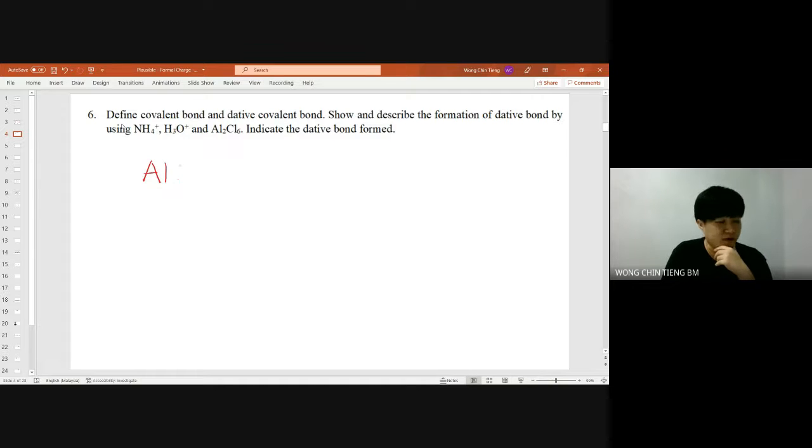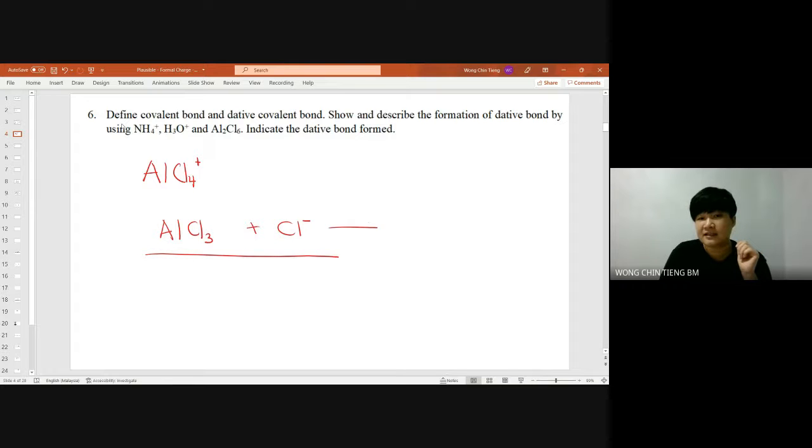You have your AlCl4 plus. Alright, saya rasa antara dative yang mungkin saya tak bincang. And if you draw, you will realize you have dative bond. Okay, you can go and figure that out. Ni adalah antara yang saya tak bincang dan saya tak pasti nota saya ada ke tak.